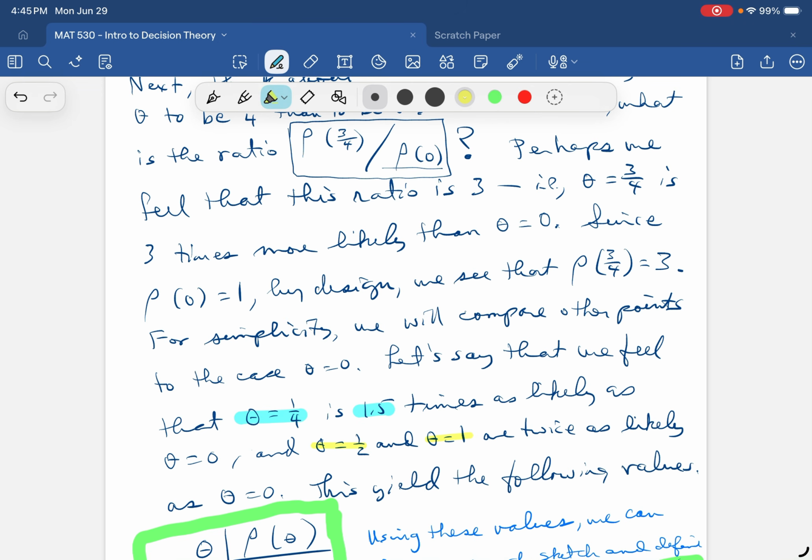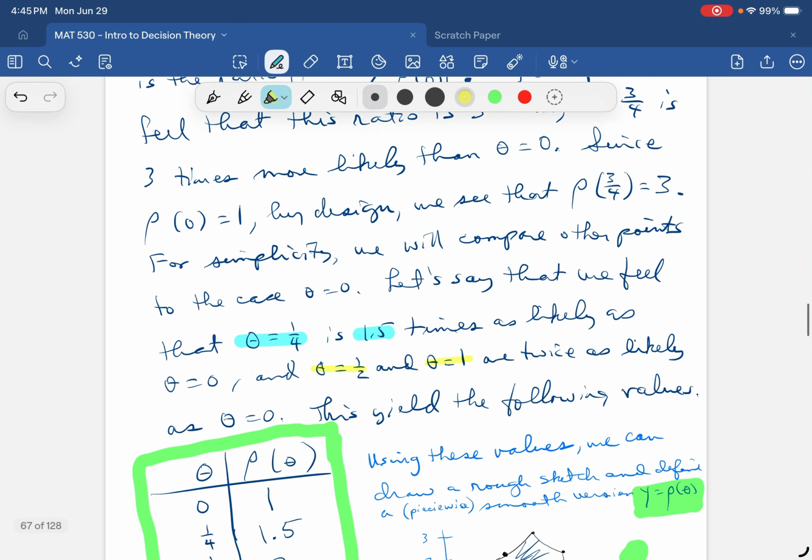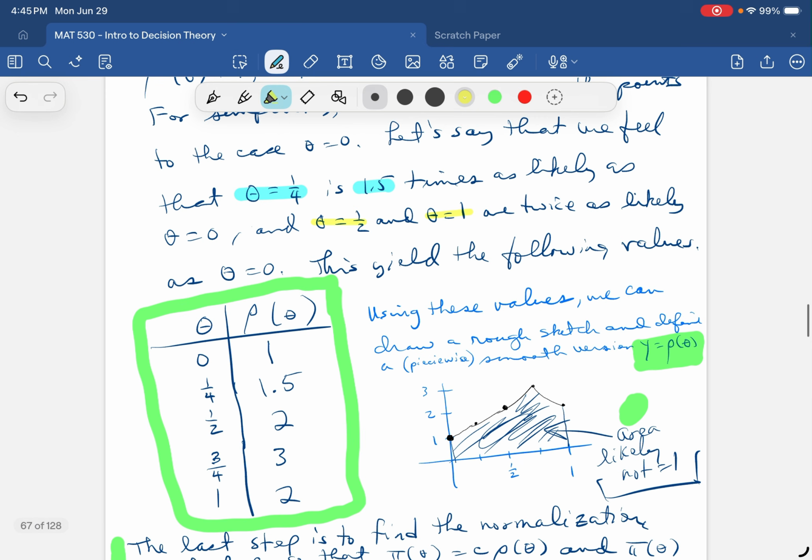Once we've identified these hinge points, as I'm calling them, and we ask ourselves how much more likely each point is than our base point at 0, we can put together a table such as we see here. Again, remember that we're not going to get a valid density, but this function can be scaled to get a density.